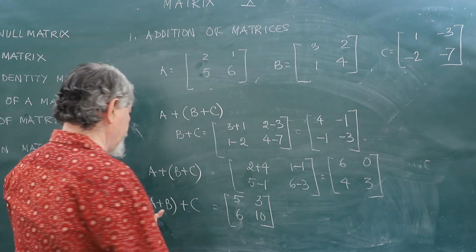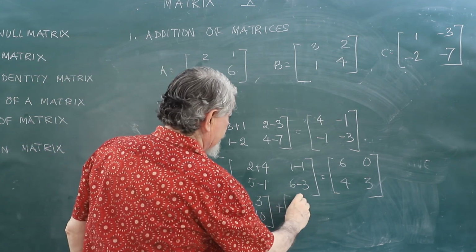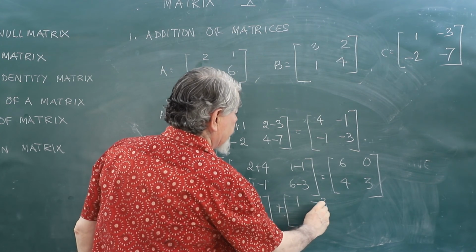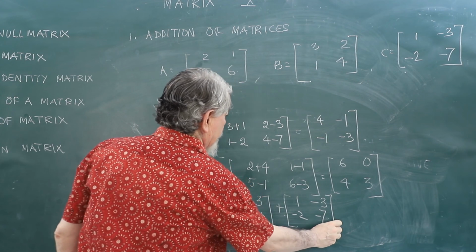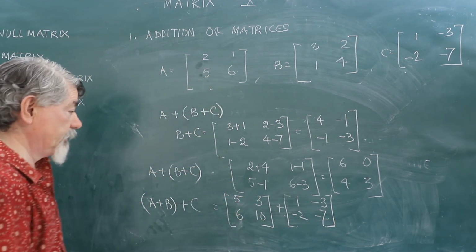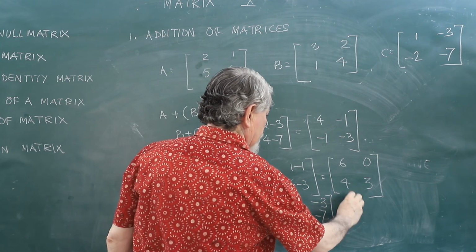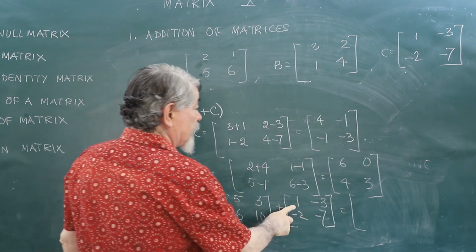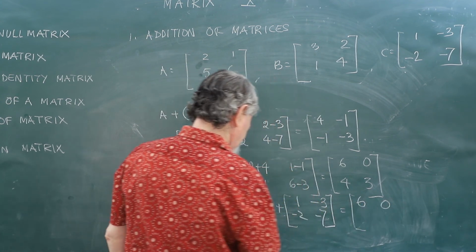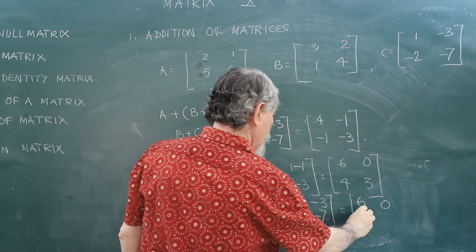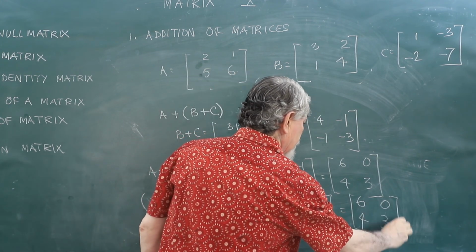This is A plus B. Now add C to it. C is 1, minus 3, minus 2, minus 7. What will I get? 5 plus 1, 6. 3 minus 3, 0. 6 minus 2, 4. And 10 minus 7, 3.